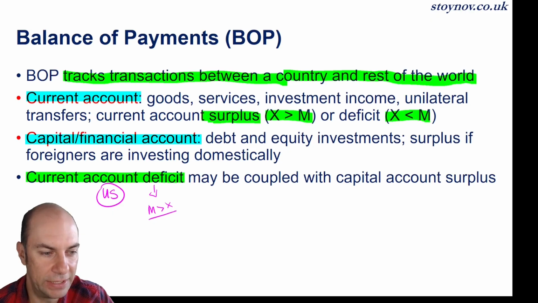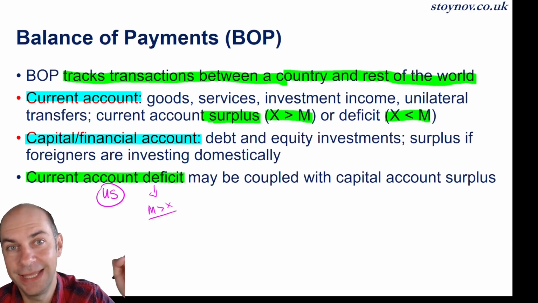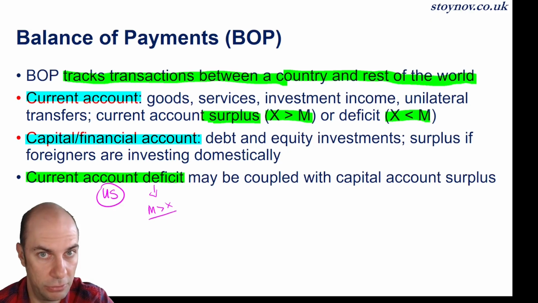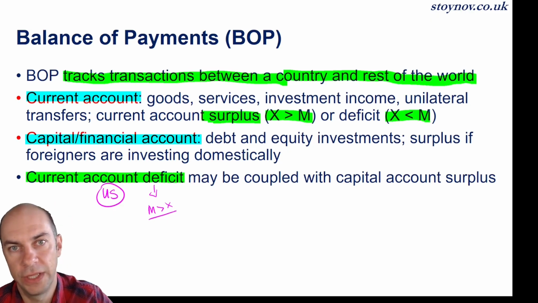So that's giving it the current account deficit. What does that mean? It means that the money they collect from shipping their goods abroad is less than the money they spend abroad. They basically spend abroad more than they collect.